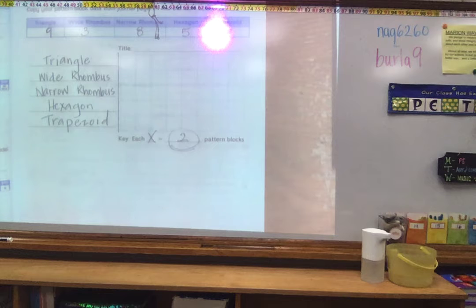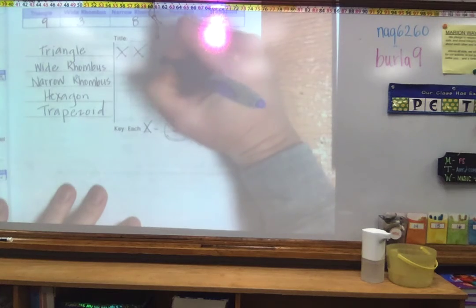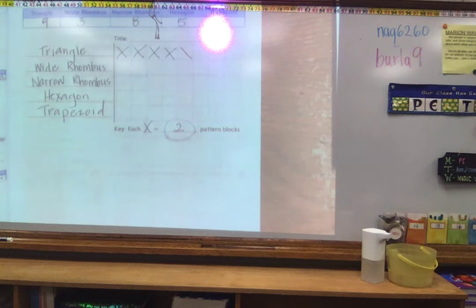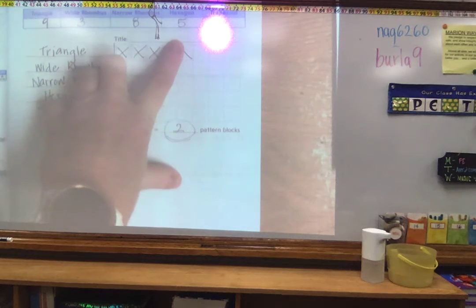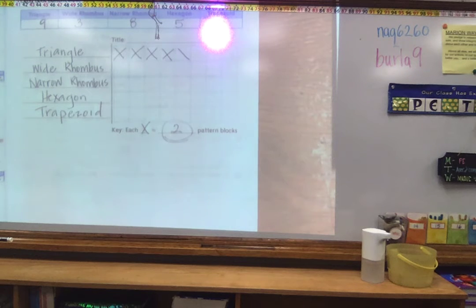So 2, 4, 6, 8, and a half. Well, I would do this. So there's my 8. And if I go like that, is that half of one? Sure. So 2, 4, 6, 8, 9. Go ahead and fill in the X's for the rest of that picture graph.